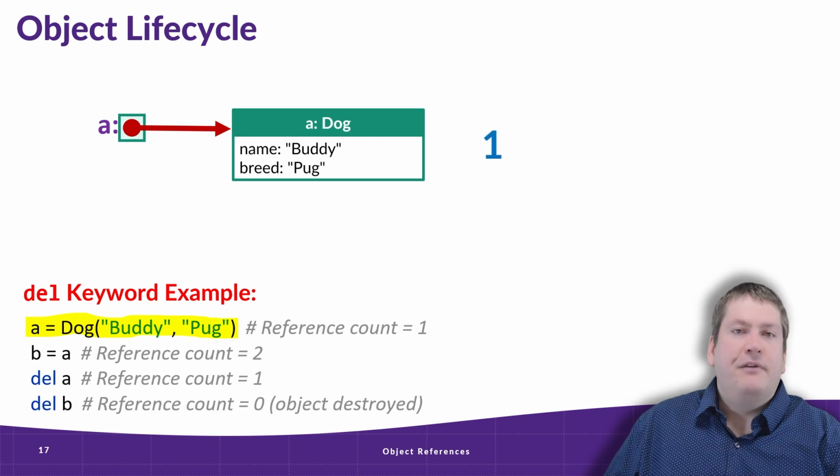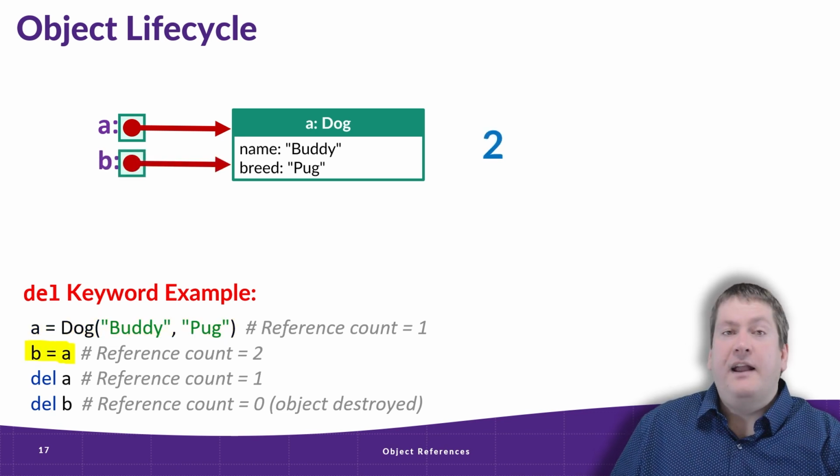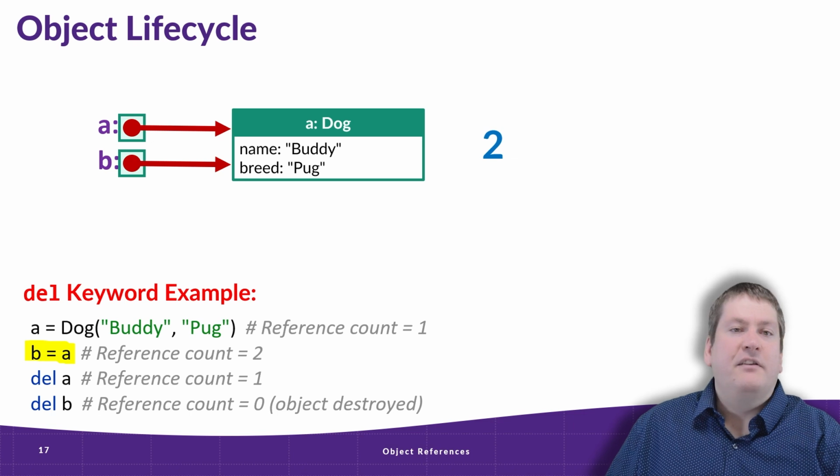That means we have a reference count of 1. At this point, there's at least one variable that's referencing this object. Now the next line creates a second reference to this object. Since we're just saying b equals a, this doesn't create a new object, rather it just creates a new reference to the object, which increases the reference count to 2.